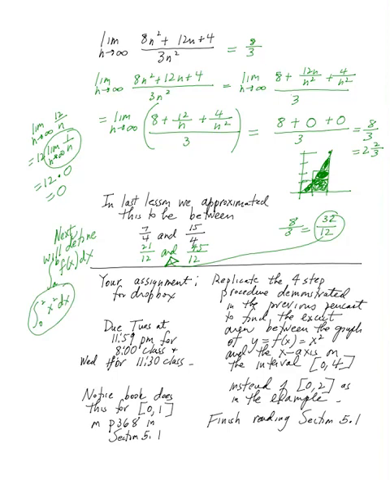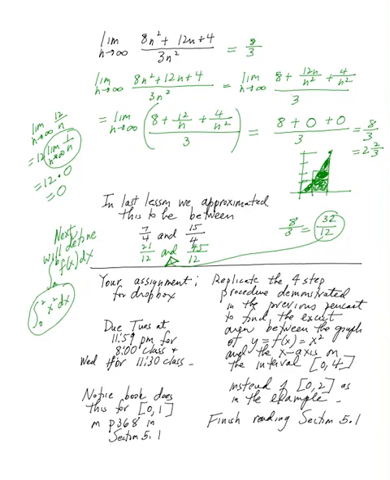And then, in the next lesson, we'll learn why you would call this a definite integral, how it's related to an indefinite integral, and how an indefinite integral or an antiderivative is related to a definite integral. That'll be the fundamental theorem of calculus, and that'll give us the shortcut for evaluating this definite integral.